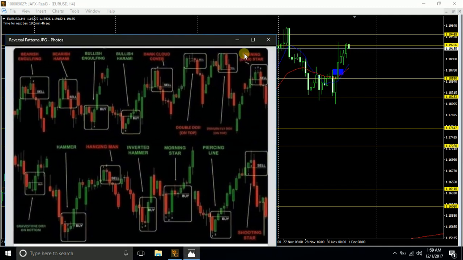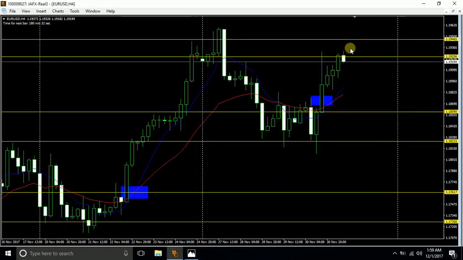Now mind you, this particular candle doesn't close until 5 a.m. So we have 3 hours for this particular candle to close.